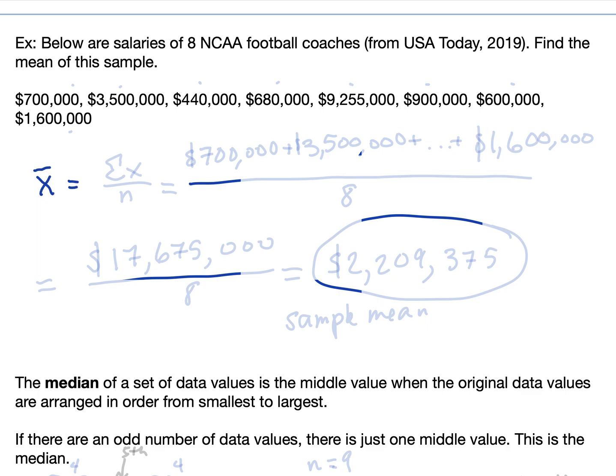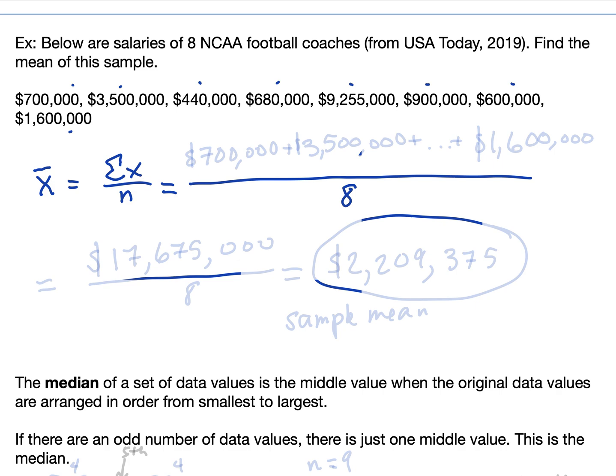X bar is equal to the sum of all the data values divided by the total number of data values. So in our case, the sample size n is equal to 1, 2, 3, 4, 5, 6, 7, 8. There's 8 data values, so we divide by the sample size, which is 8.